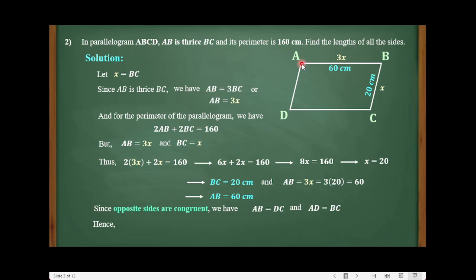Similarly, AD is also congruent to segment BC. Therefore, AD is also 20 centimeters. So these are the lengths of the sides of this parallelogram.